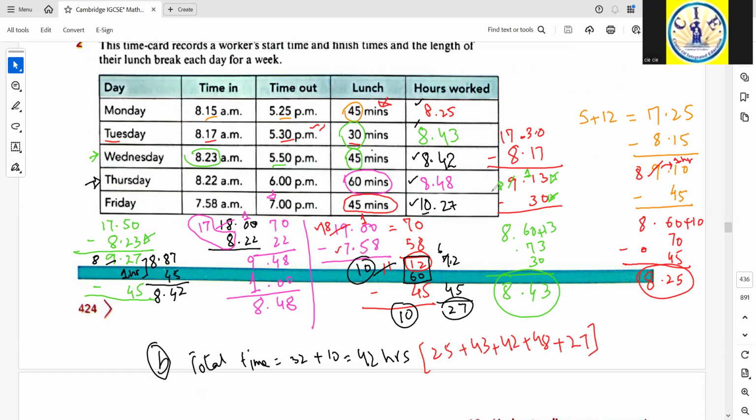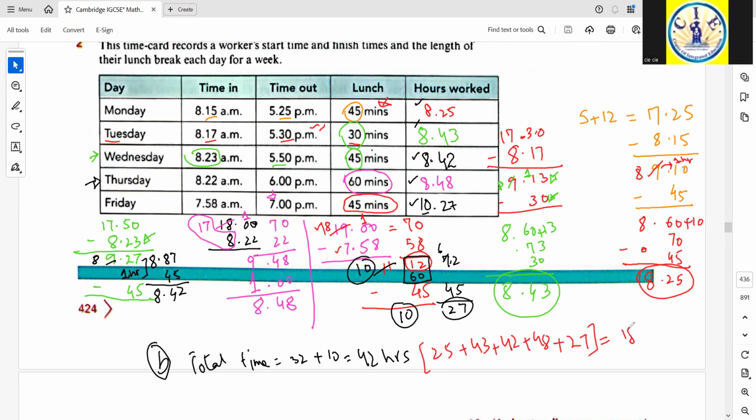We need to add all these minutes. So the answer is going to be 25 plus 43 plus 42 plus 48 and then 27.